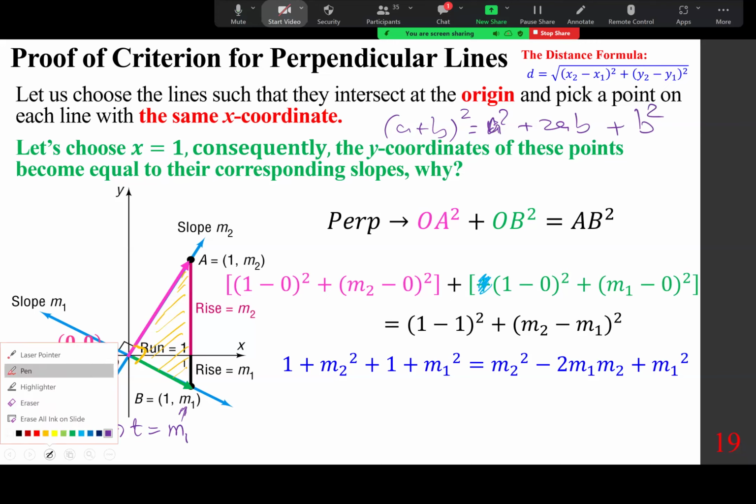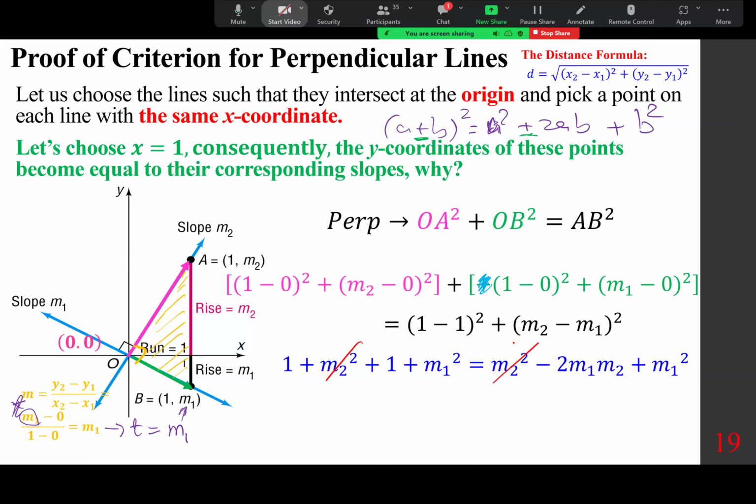If this is negative, this is negative. That's the identity we are using. m sub 2 squared cancels out m sub 2 squared. m sub 1 squared cancels out m sub 1 squared.